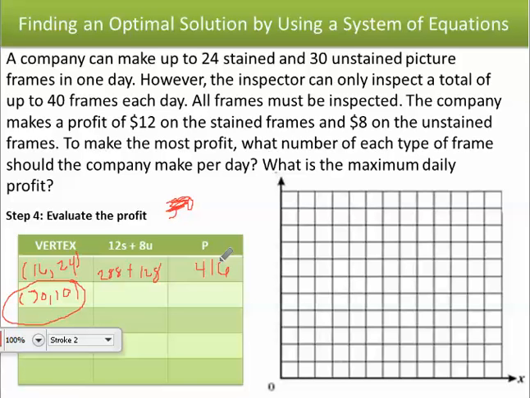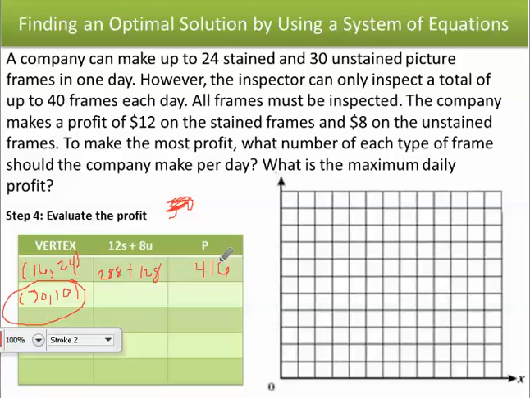12 times 30 plus 10 times 8, no, that's backwards. 12 times 10 plus 8 times 30, jeez.